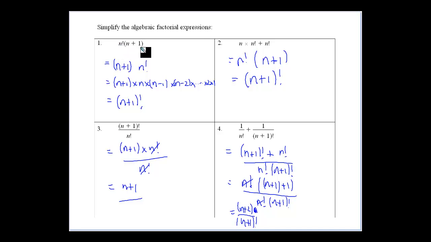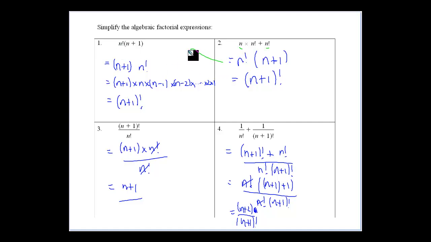So n factorial times n plus 1: well again, n factorial is that expression, but in front of that would be an n plus 1, which gives n plus 1 factorial, because you're going down by 1 each time. So you can see how that simplifies, a bit like that 9 lots of 8 factorial gave us 9 factorial. n lots of n factorial plus n factorial: factorise your n factorial out, leaves you the n, and factorising n factorial over there gives you 1, which brings us back to what we just had.